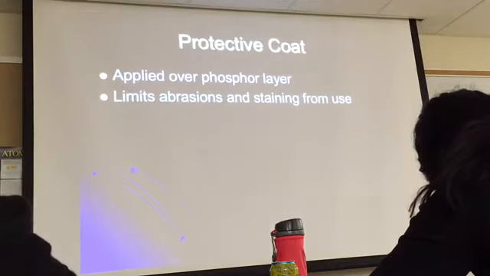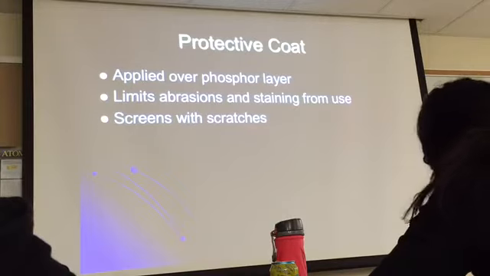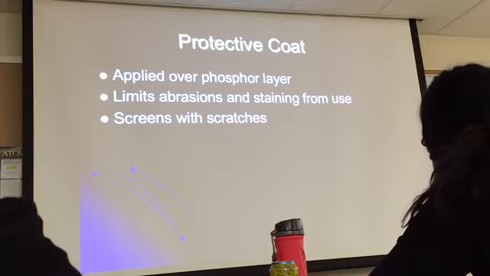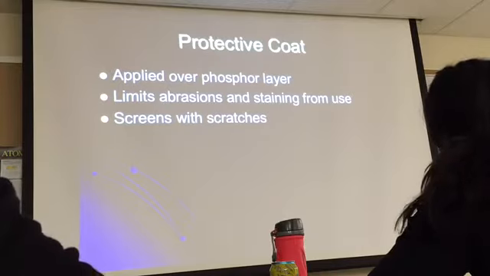All right, so leaving abrasions and strain from use, screens will have scratches. When you have a scratch, say a nail just goes over the screen, you are removing the protective layer and the phosphor layer. What will happen to the image? You also get that white line artifact.